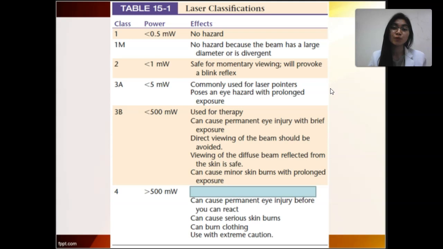Dapat, it's supposed to be directed to the surface that needs to be exposed. Direct viewing of the beam should be avoided. Viewing of the diffuse beam reflected from the skin is safe, however.